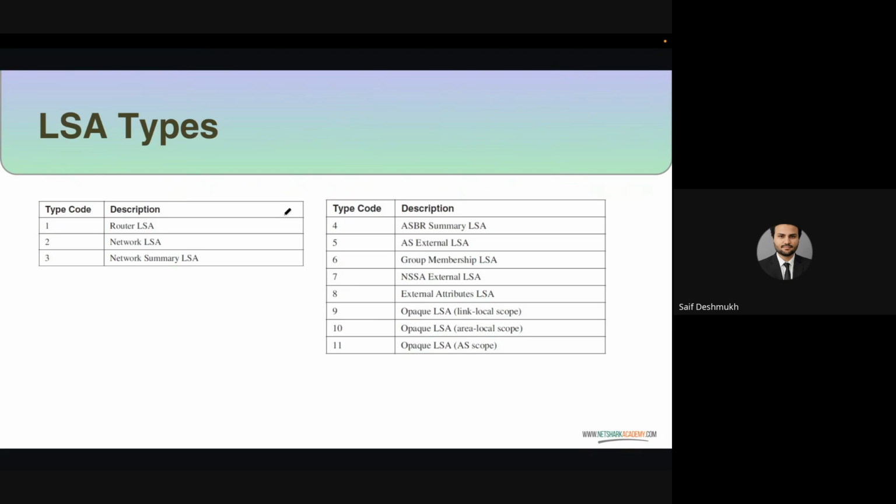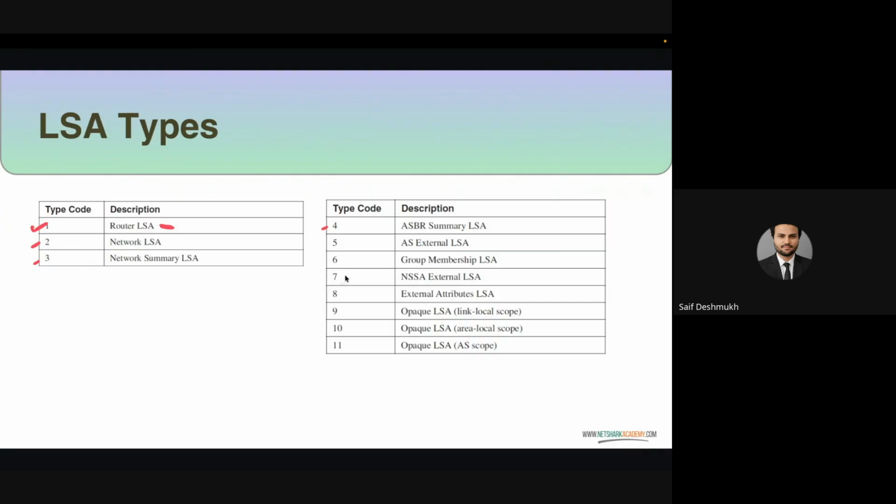Okay. So if you talk about the LSA types, we have 11. Type 1, type 2, type 3. We also have type 4 LSA. These are generated by, again, I'm going to go into very detail about all these LSAs.